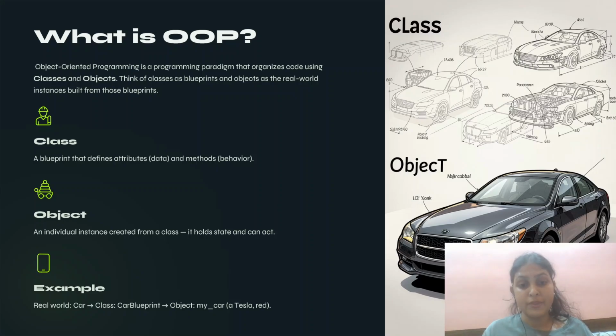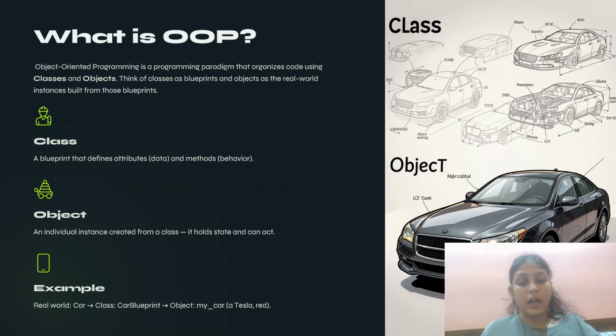All three objects follow the structure defined by the Car class, but each object can contain different information. So a class is a blueprint, and an object is the actual value or actual instance that is created using this blueprint.